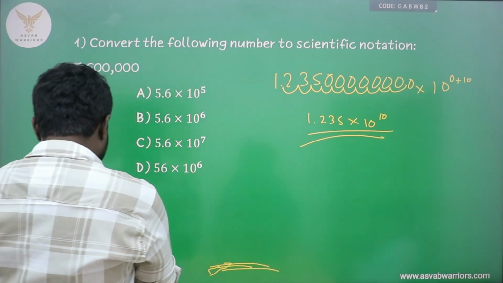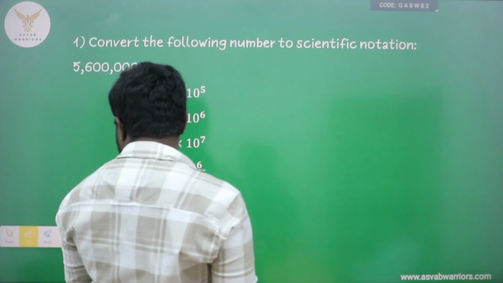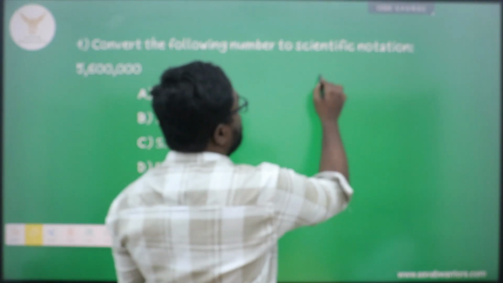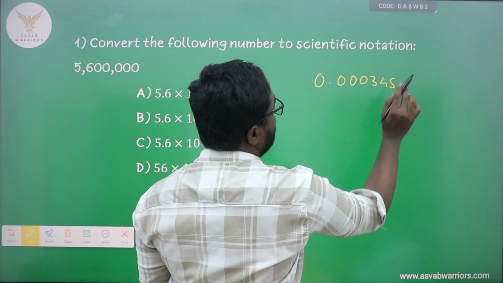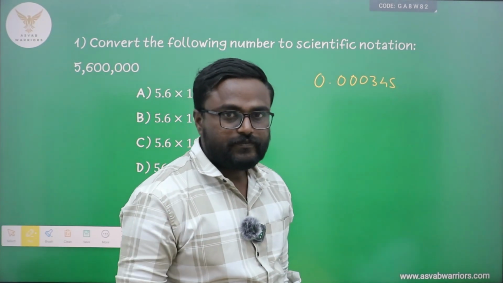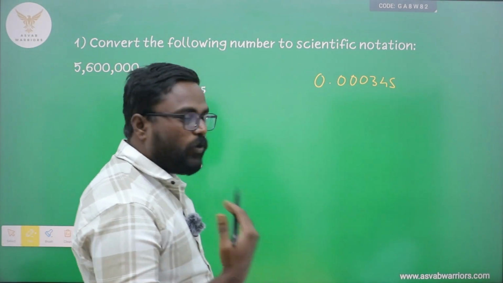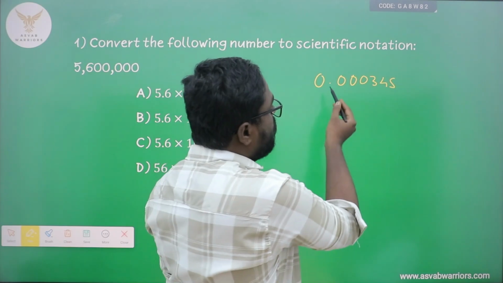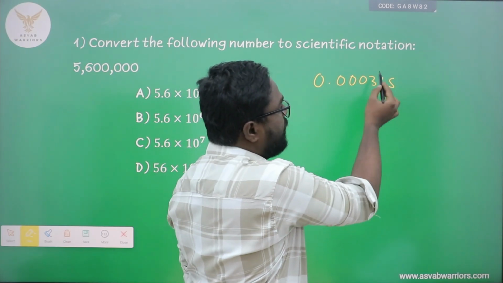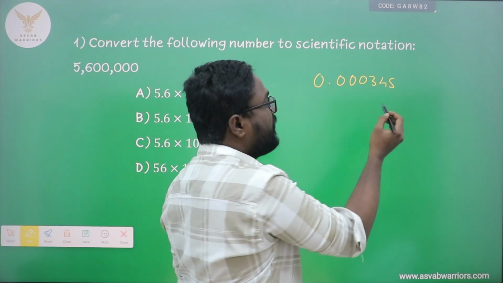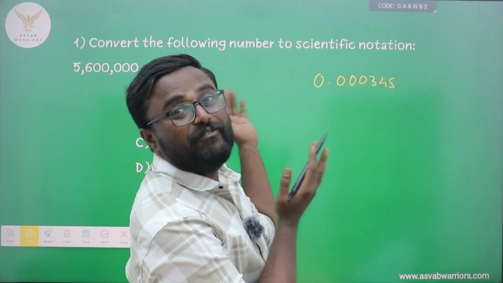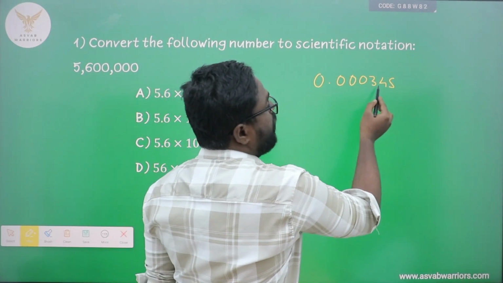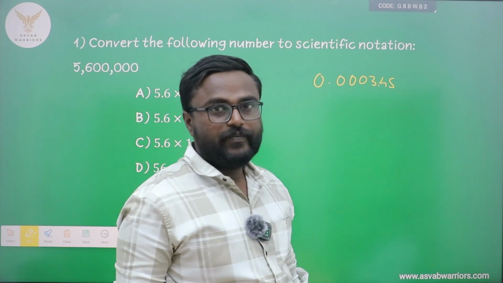Now I'll take another number. Let's say the other number is 0.000345. In this case, what will you do? We have to move the decimal towards the right now, because we just need to keep one natural number to the left-hand side of the decimal. So I have to bring the decimal over here.